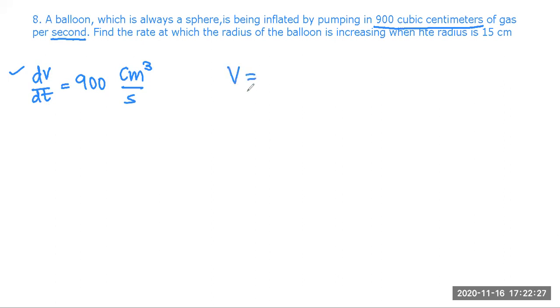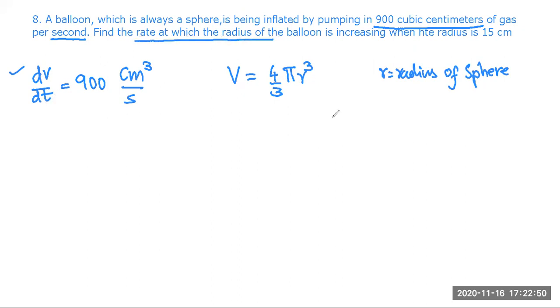Formula: V of a sphere equals 4 by 3 pi r cube, assuming r is the radius of the sphere. So dV by dt is given, and he is asking to find the rate at which the radius of the balloon increases.